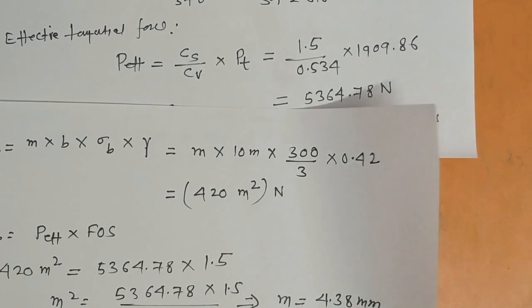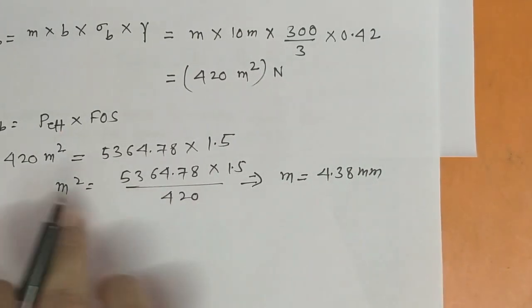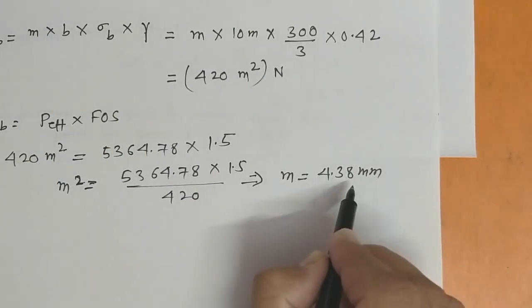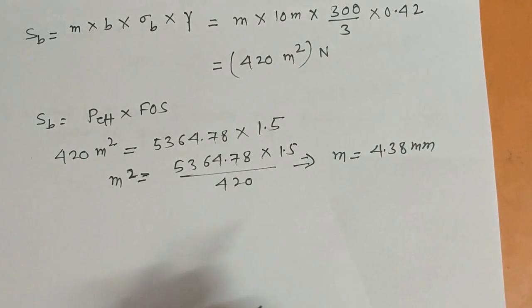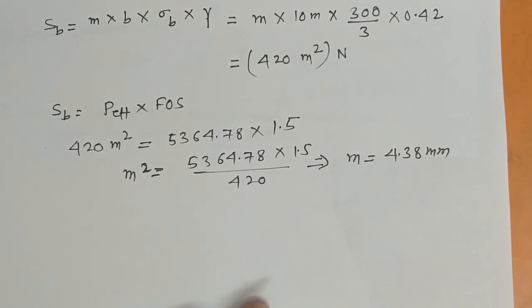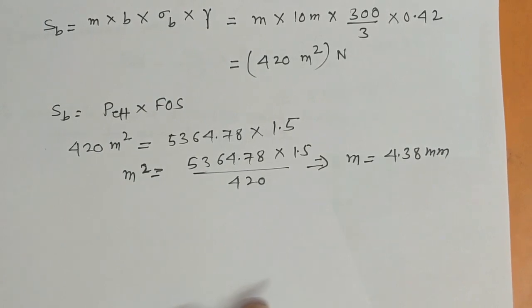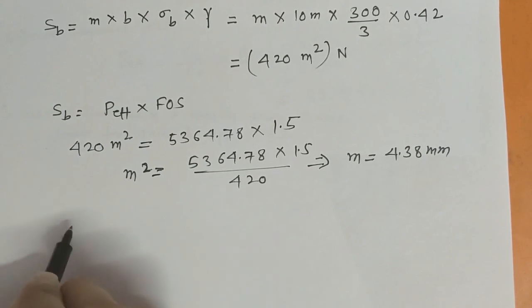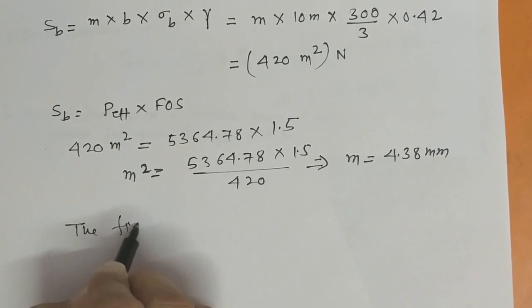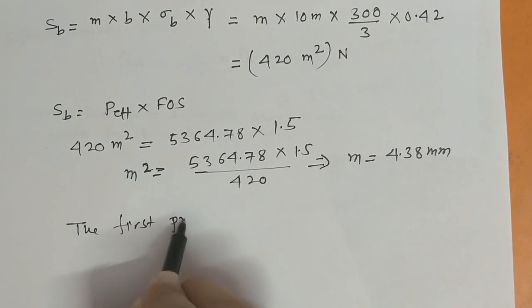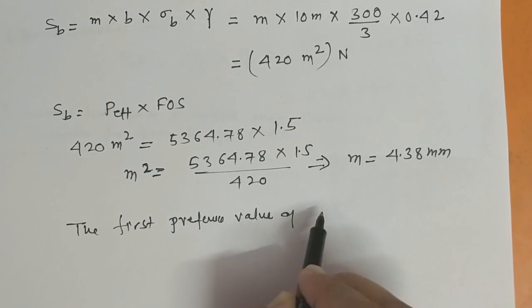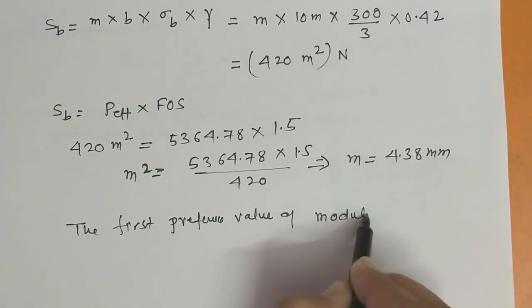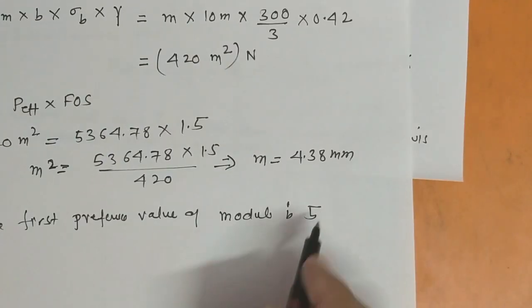So now we know the module of the gear, 4.38. Now we have to refer to the preferred value of module from the table. So the first preference value of module can be 5 mm.